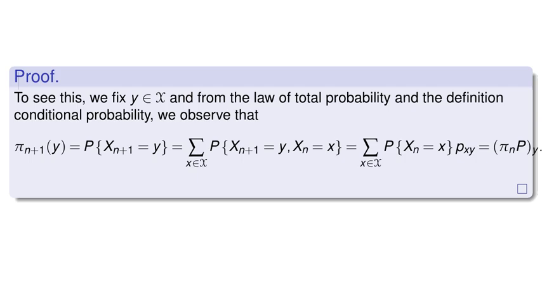This in turn equals the sum over x in 𝒳 of the probability of the set X_n equals x times p_{xy}. This is the y-th component of π_n times P.